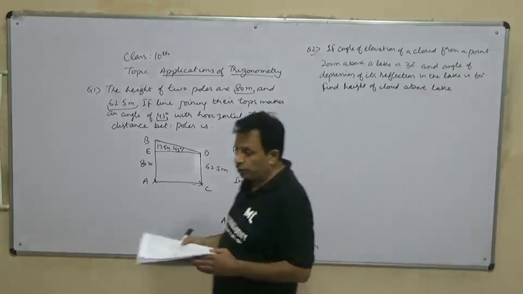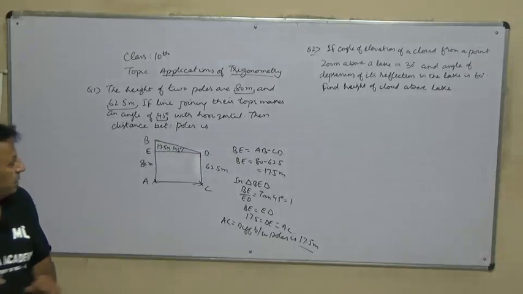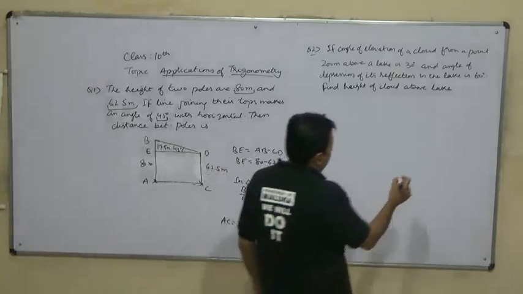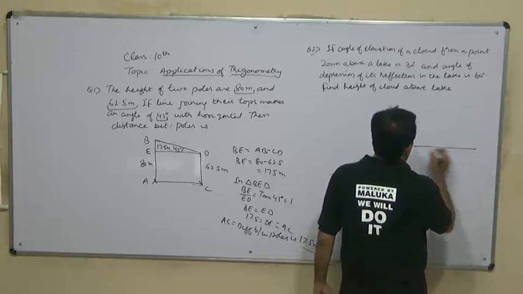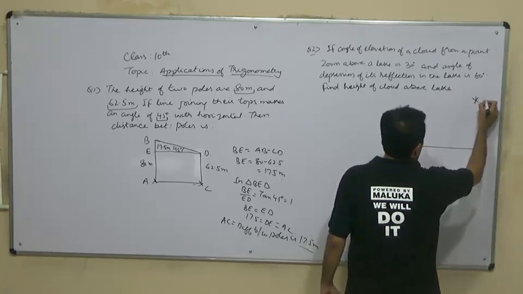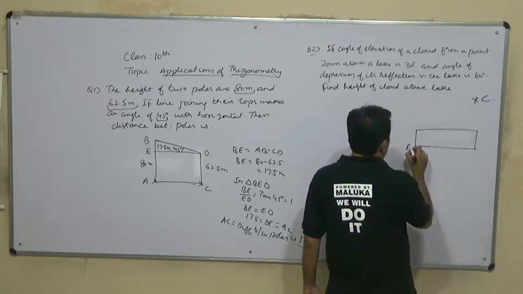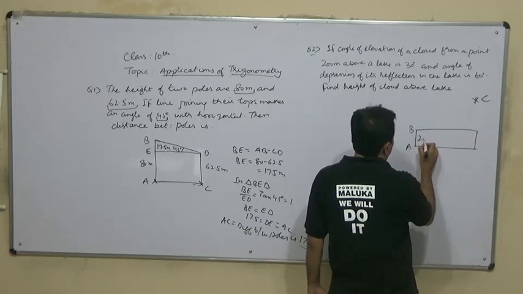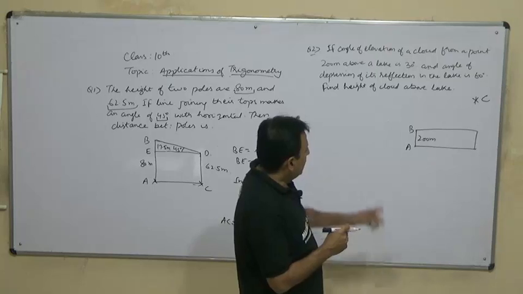So very good question. Here there is a lake and this is the cloud. AB is 200 meter above the surface of the lake.